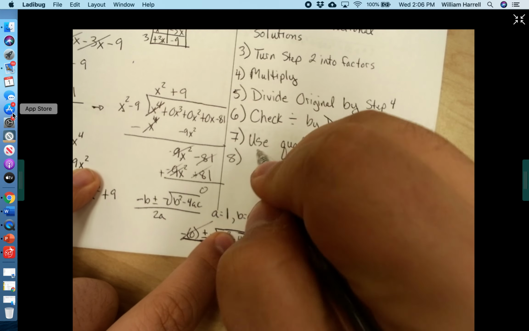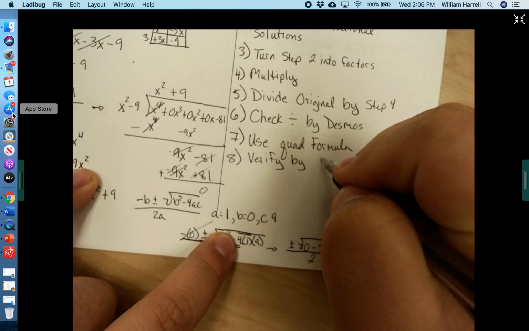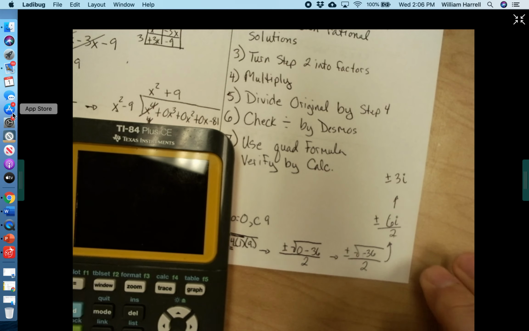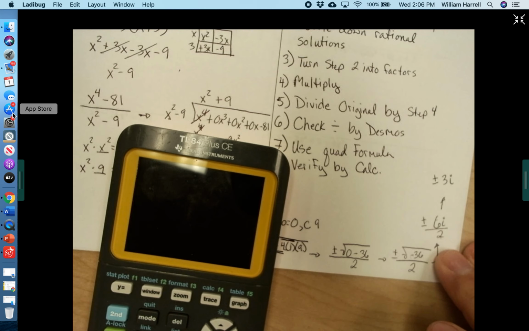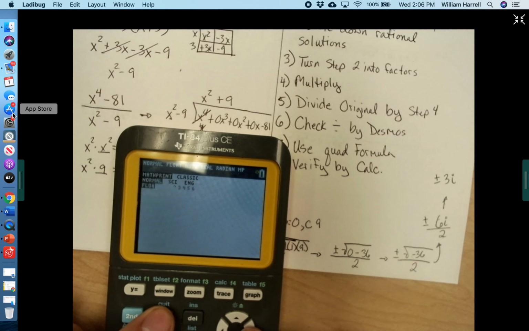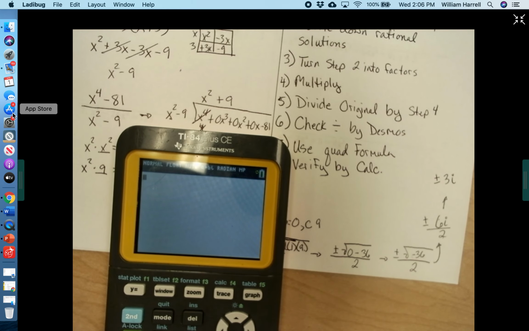Step 8, again, I'm going to verify by calculator. Okay, so if I have to verify this by using a calculator, what I'm going to do is go to mode, and I'm going to change it to a plus bi, which is going to let me use i's. I hit enter, and I can clear out.